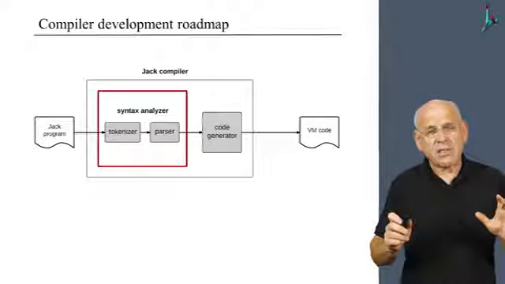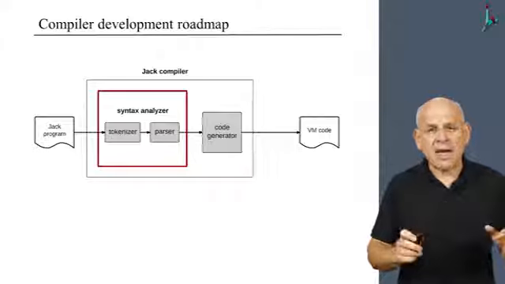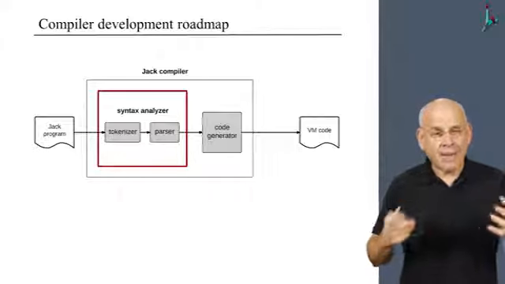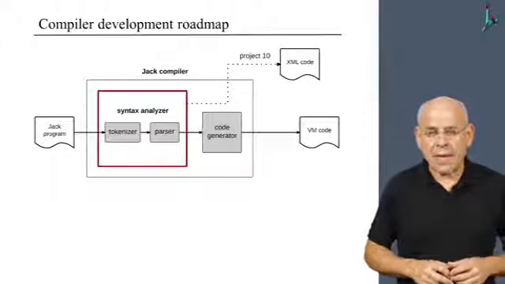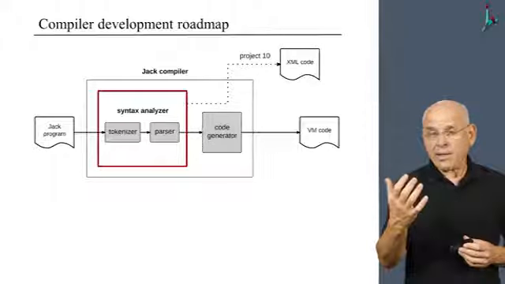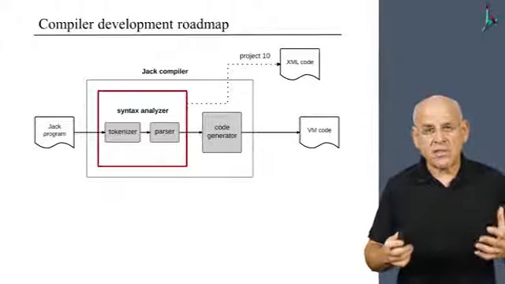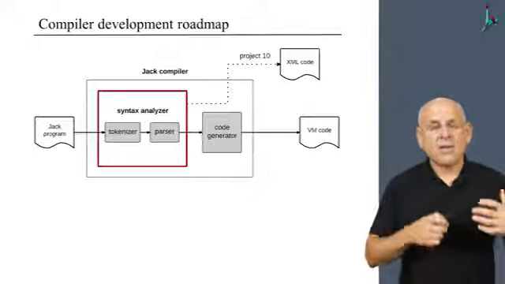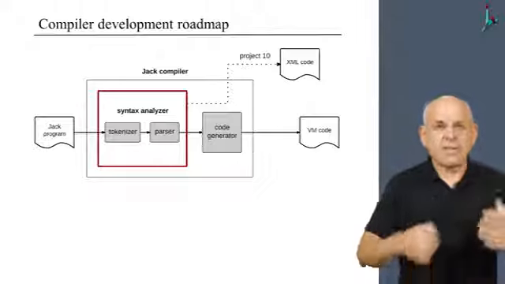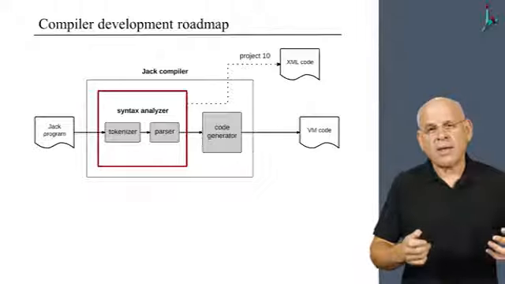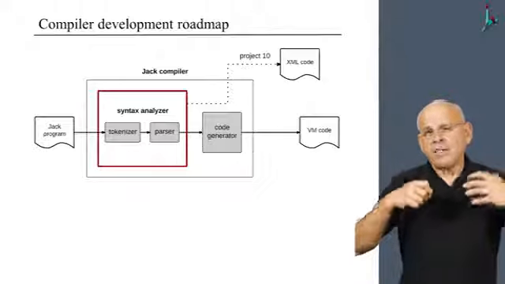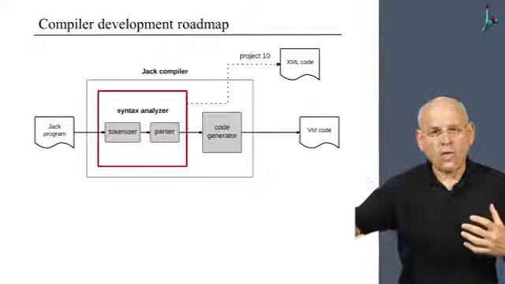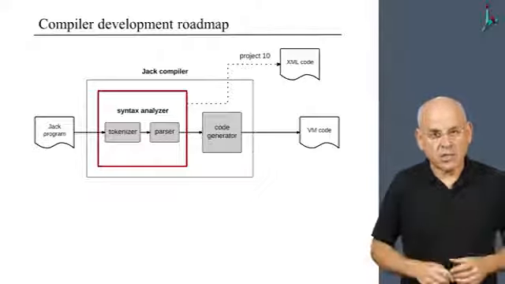So for this purpose, we decided that the syntax analyzer will output an output file written in XML, something that we'll describe later on. And by looking at this file, you will be able to convince yourself and to certify that the syntax analyzer indeed understands the input code, so to speak, and is doing what is necessary in order to create the code or generate the code in the next project.